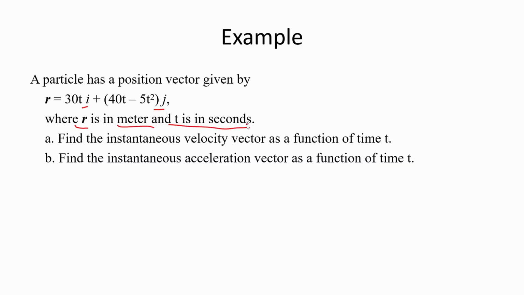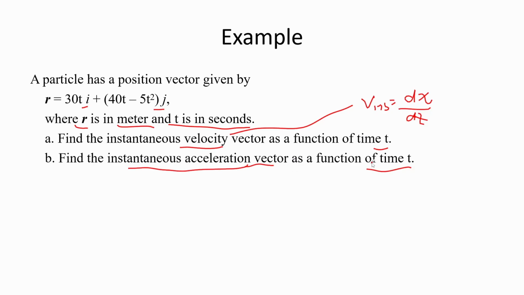Letter A, find the instantaneous velocity. So instantaneous velocity, if you remember, v instantaneous is just the derivative function dx over dt as a function of t. Letter B, find the instantaneous acceleration vector as a function of time t.